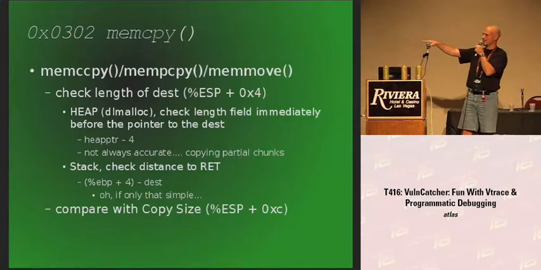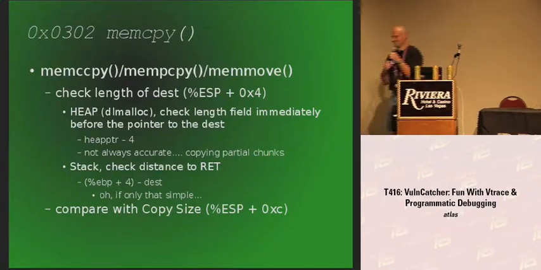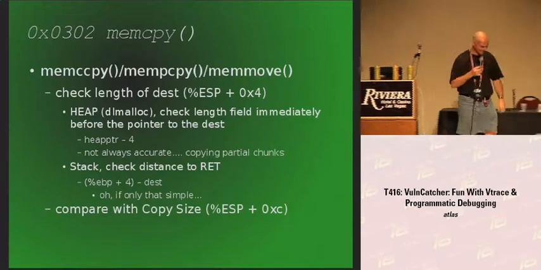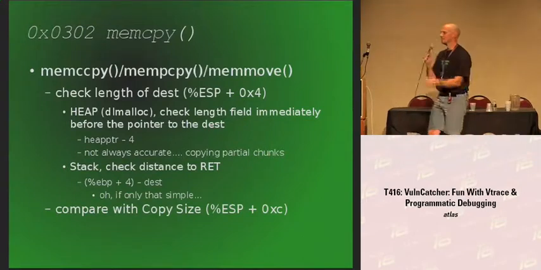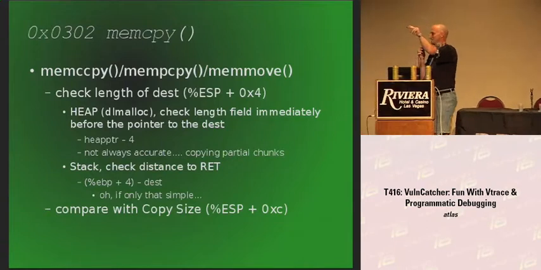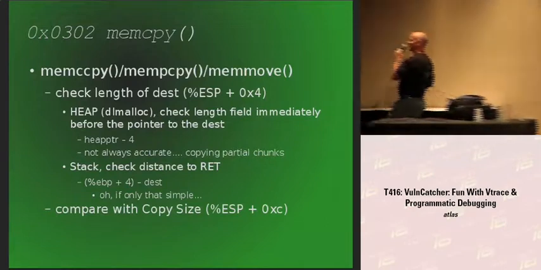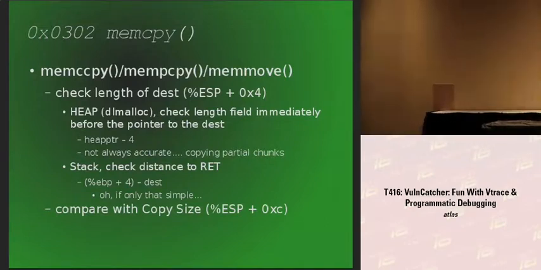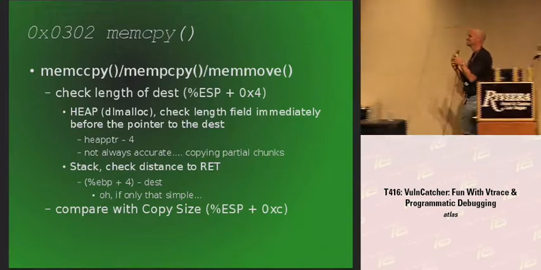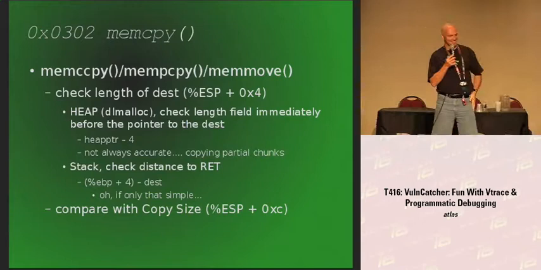The dude without any hair until you see the back of his head, he's the one who wrote Vtrace. That's Invisigoth. I got you. This one's got your name on it. You come back and I'll throw it at you. So anyway, as we were saying, thank you very much.